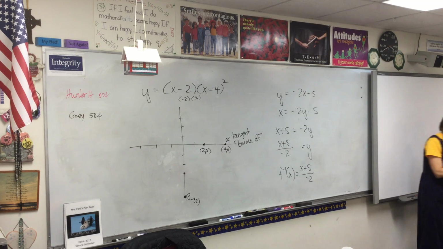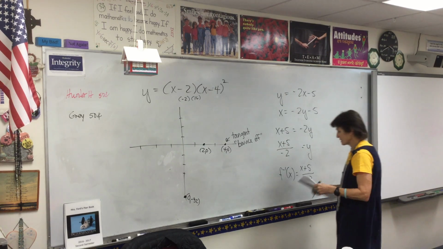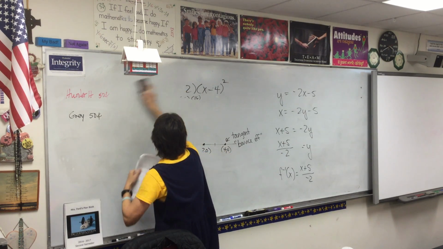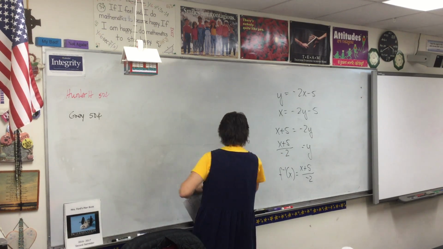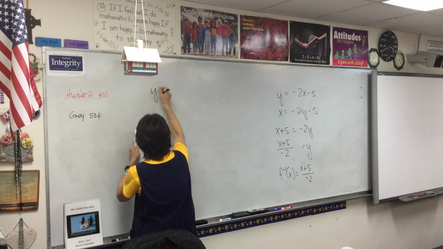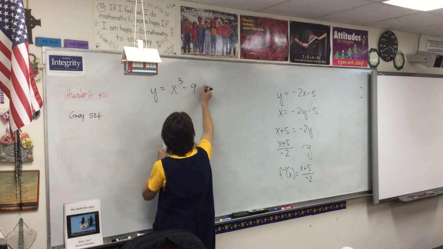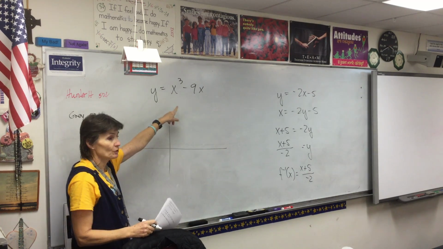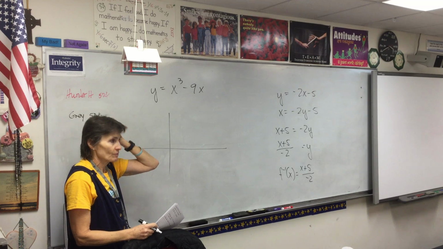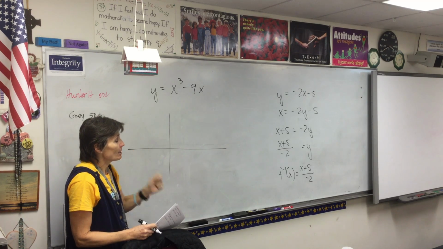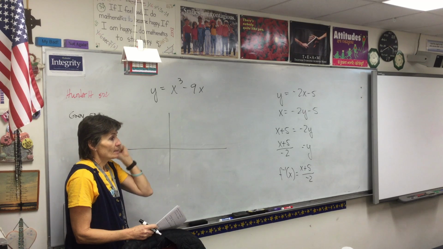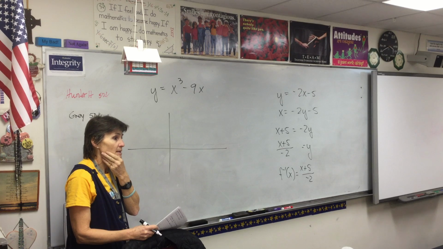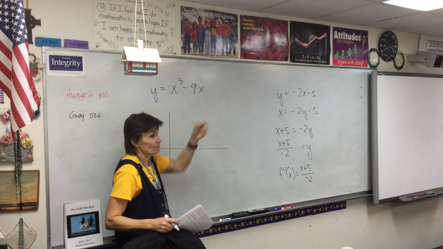Okay. Next, so now we are going to sketch. So you're going to sketch this thing. What's the first thing you're probably going to want to do with that right there? Factor that. Please be careful when you factor. Step 1 is always looking for a GCF. Is there a greatest common factor with these two terms?